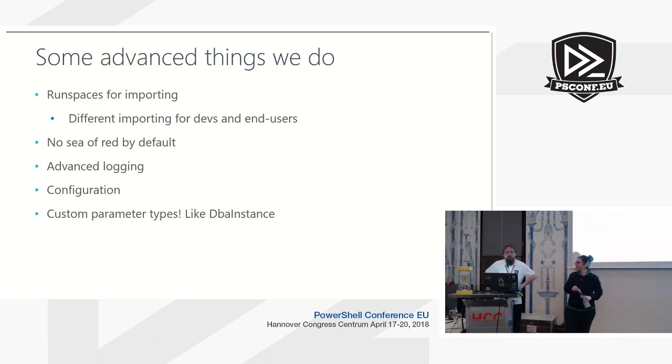We also dislike the sea of red issue, because if people see a red error message, they know this is not working, let's ask Google for a solution. This is the usual reaction I received from my teammates when I published their code. So, we've got logging to help with debugging.